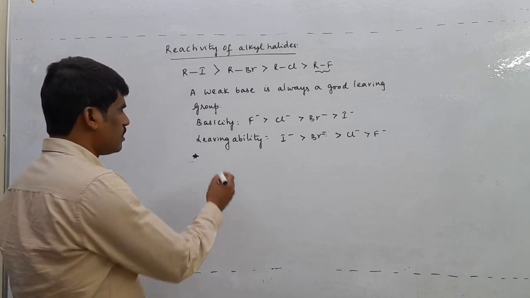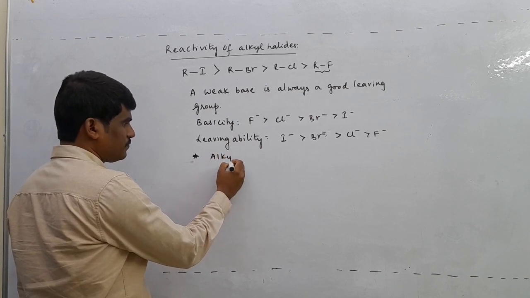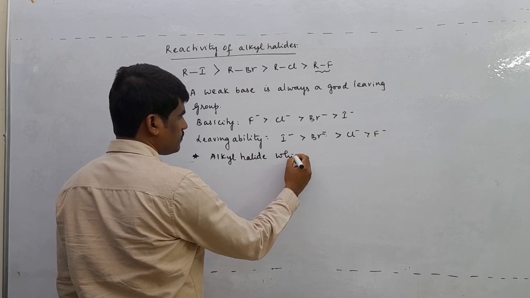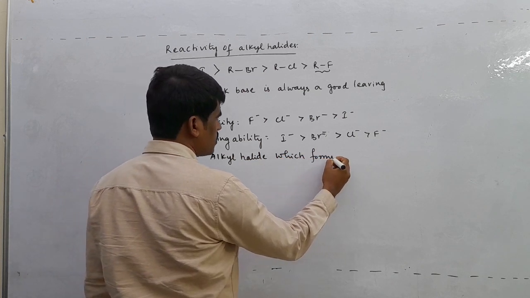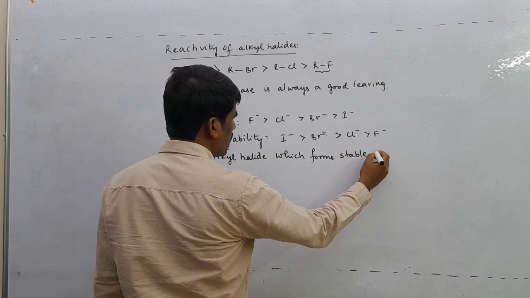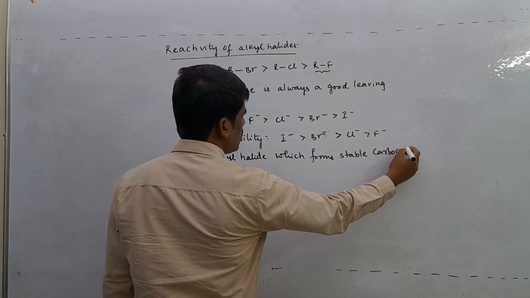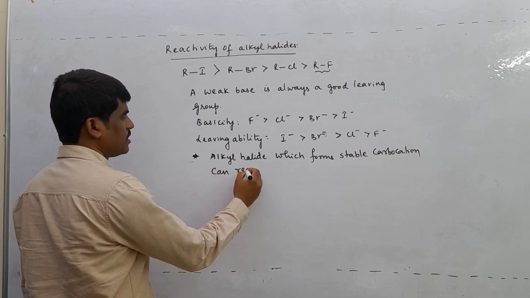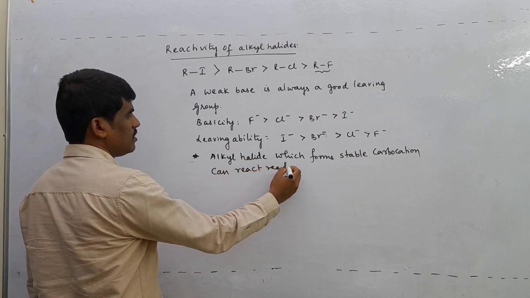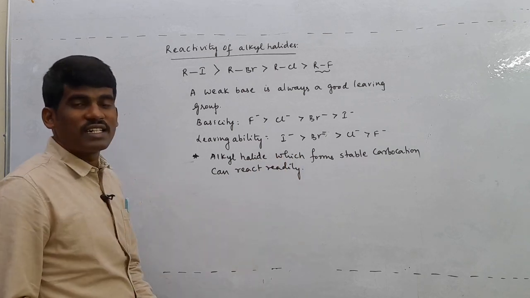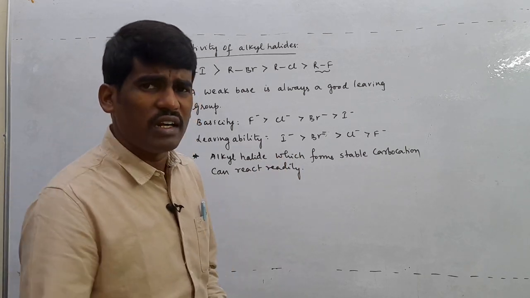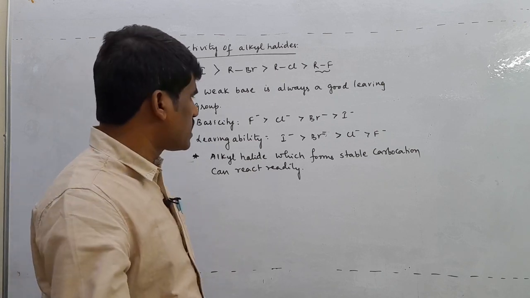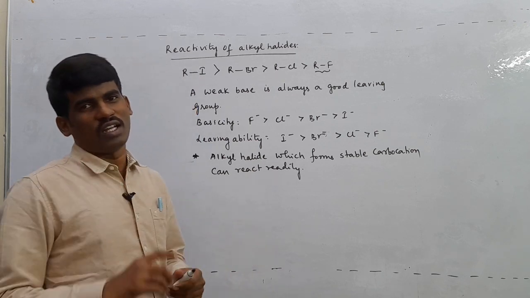So what you will write here: the alkyl halide which forms a stable carbocation. A stable carbocation can react readily. So it is more reactive whenever it forms a stable carbocation.